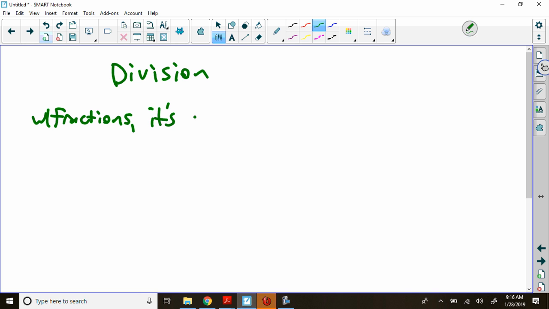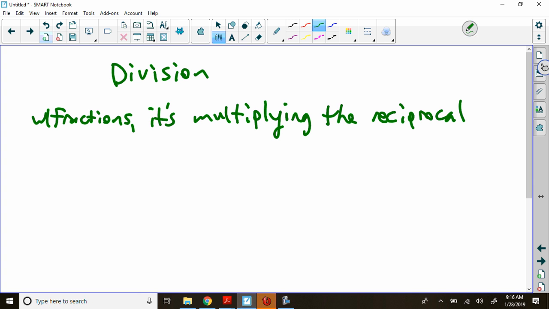It's multiplying the reciprocal, because you can't divide fractions.